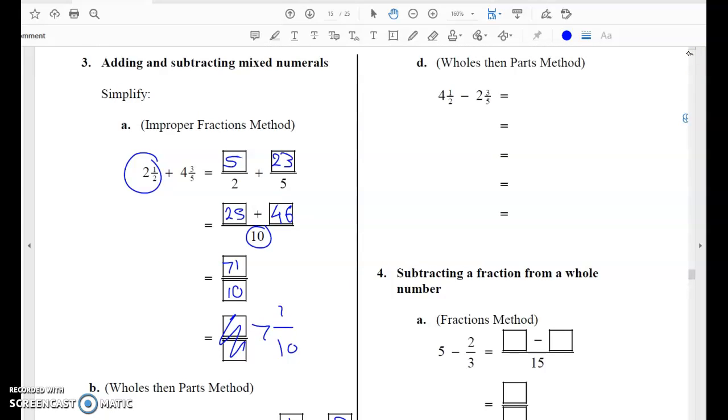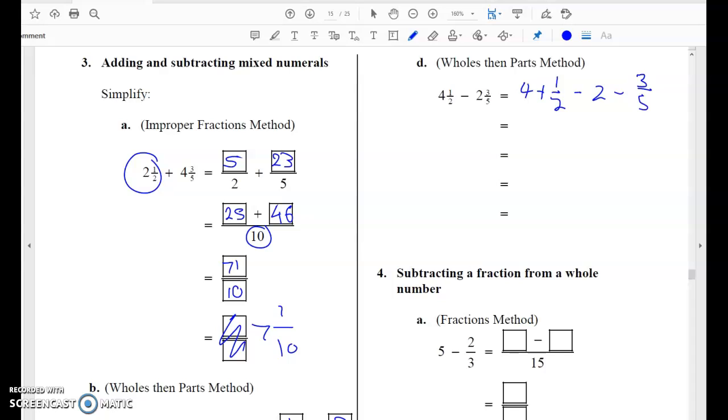So we're going to do 4 minus 2, and also we've got, so in this question actually we've got 4 plus a half minus 2 wholes and also minus 3/5.